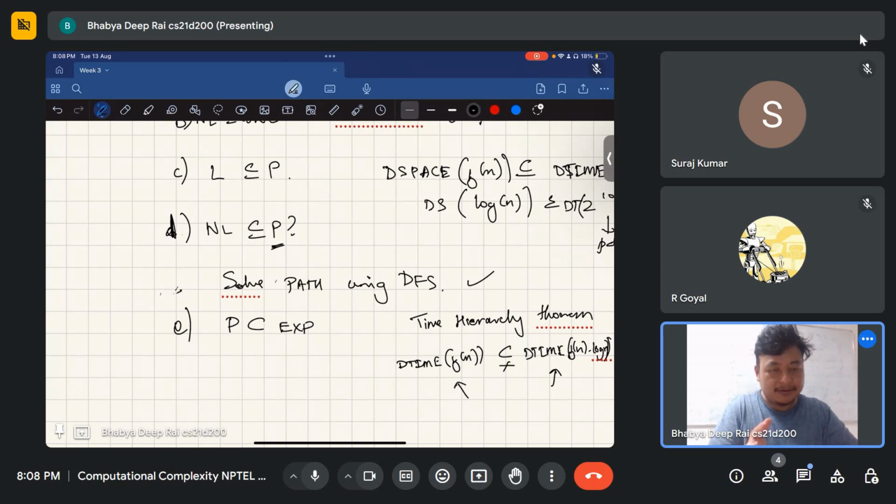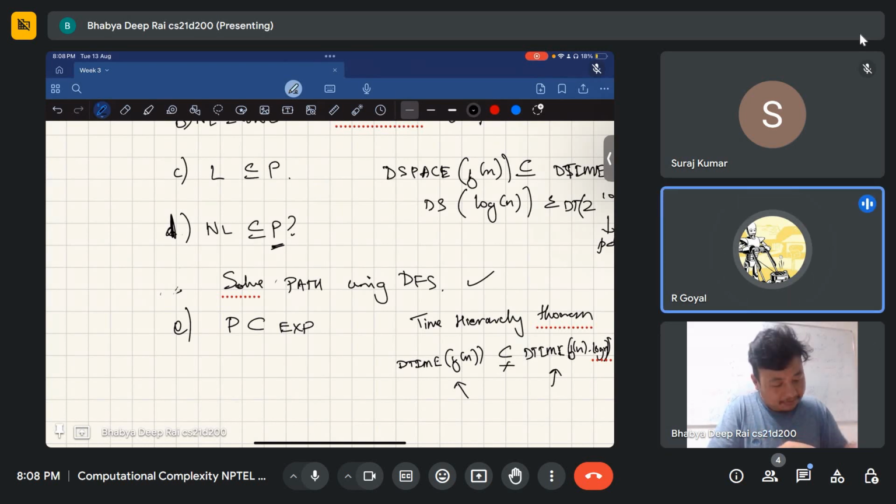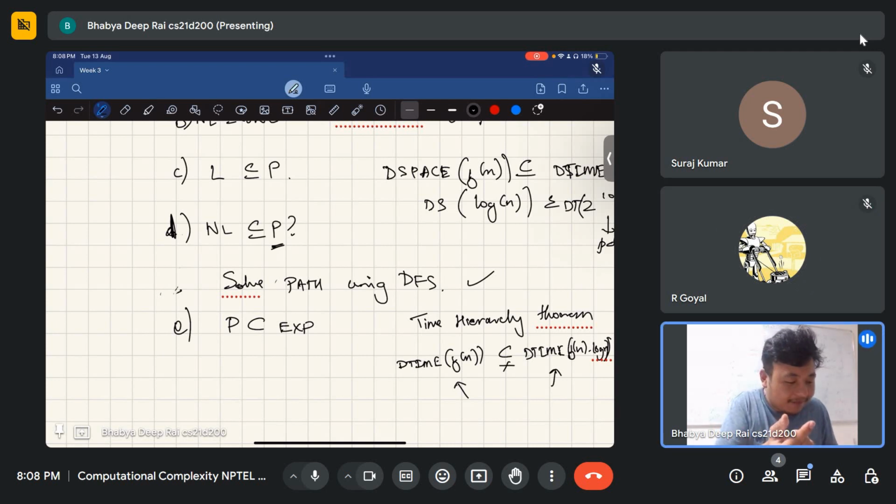Getting it? So even with a log n factor, I am able to get an additional language that I can decide. If I have a gap like the gap between EXP and P, it's tremendous. This is DTIME(n^c), this is the union of DTIME(n^c), and this is DTIME(2^(n^c)).